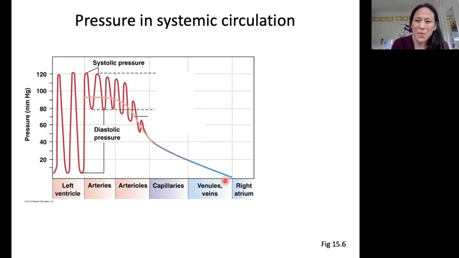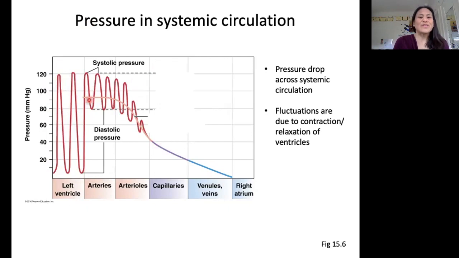Another thing that I want to point out is that we have these fluctuations. I'm sure you noticed that, right? We have these fluctuations in the pressure of the blood as it moves through the systemic circulation. If we start by looking at the left ventricle, we have these huge fluctuations that are due to the contraction and relaxation of the ventricles.